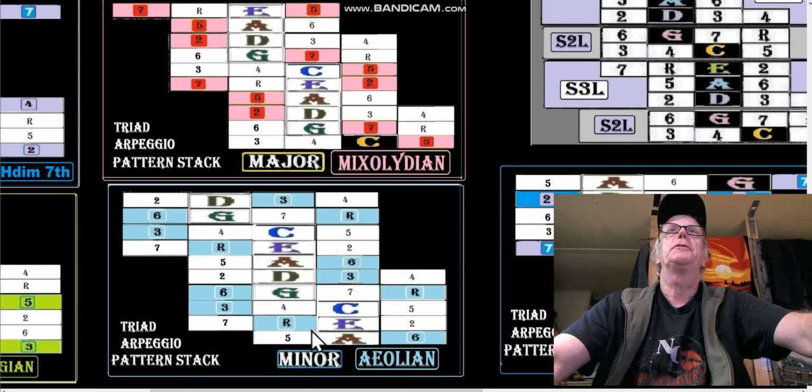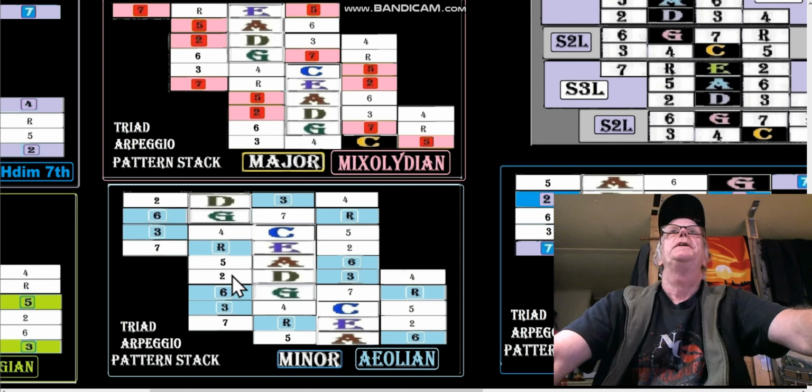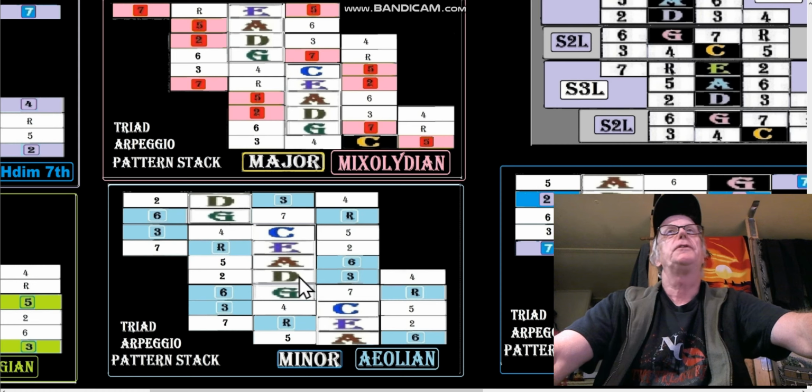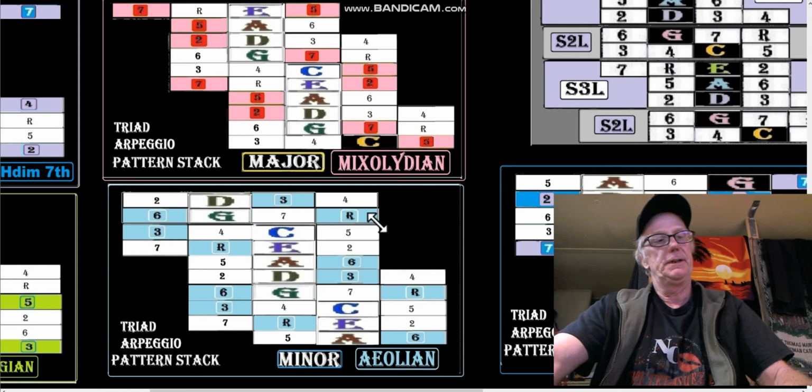You know, the bottom triad, in this case it's root. But it's easy to see, just read it right off the diagram, that it's going to be a D shape right there.